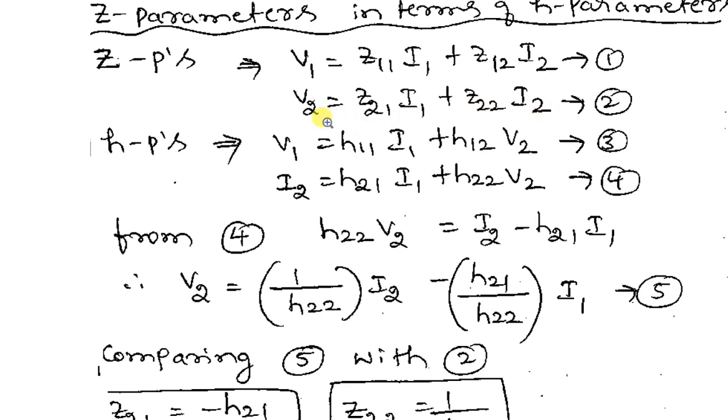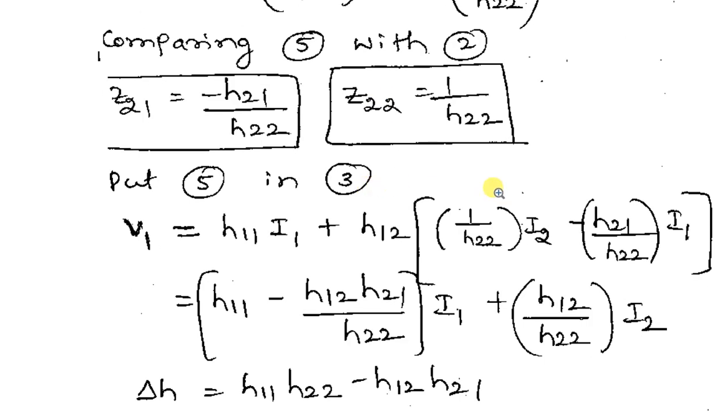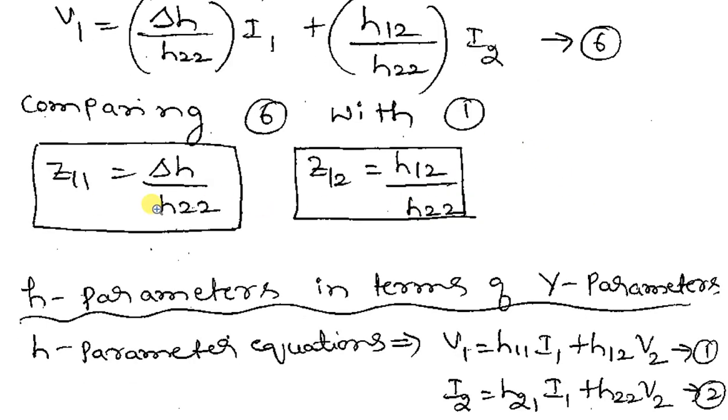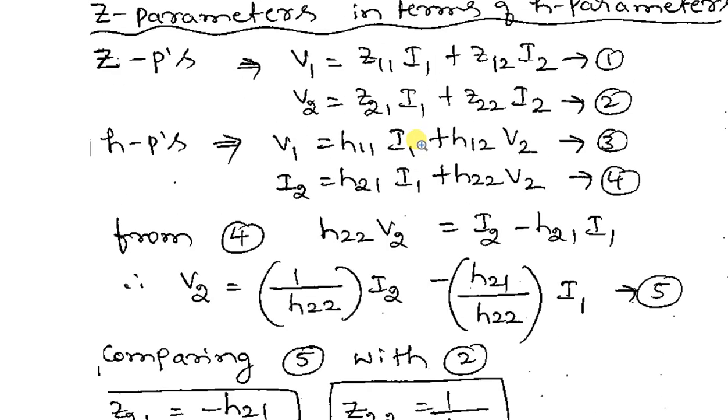Any one will match all three variables, so express it and you will immediately get two parameters. In this case, we expressed V2 in terms of I2 and I1. Then substitute the same value of V2 in the other equation where it is not mapping, simplify, separate the I1 and I2 terms, and compare with the other equation to get the other two parameters. So this is Z in terms of H.